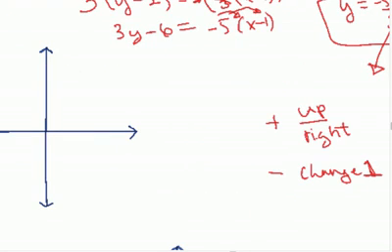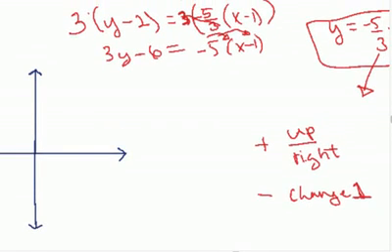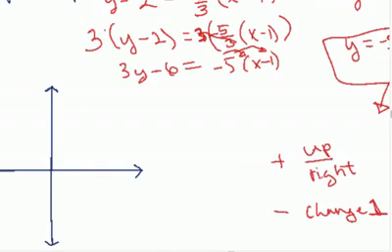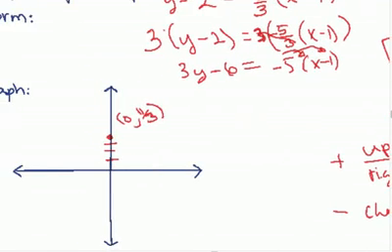So if I start at 0, 11/3, 11/3 is 3 goes into 11 3 times with some left over, so it's a little bit over 3. So we go up 3, 1, 2, 3, and then some change and plot a point. There's your y-intercept. Okay, and then I'm going to label it 0, 11/3. Then we have the slope of negative 5/3.